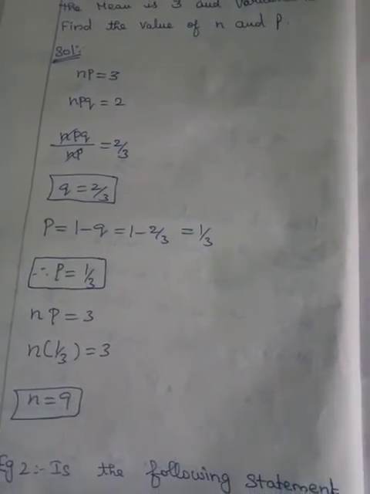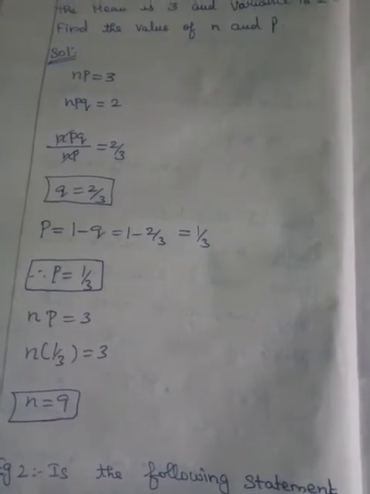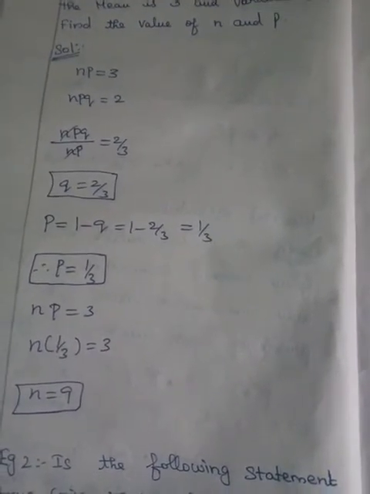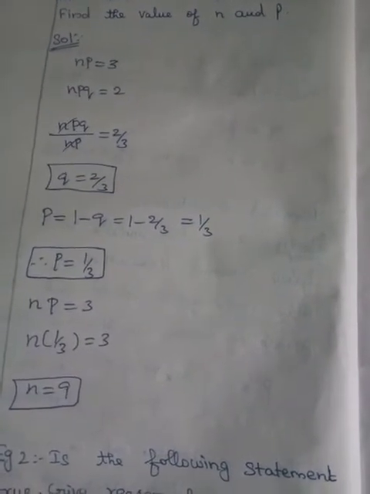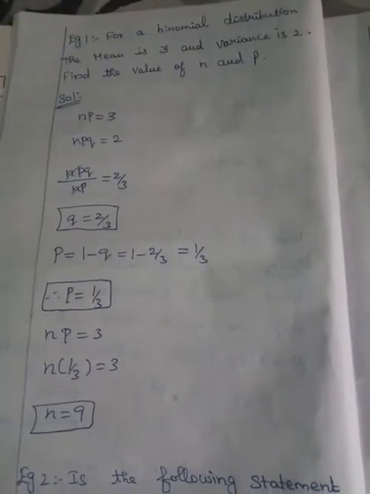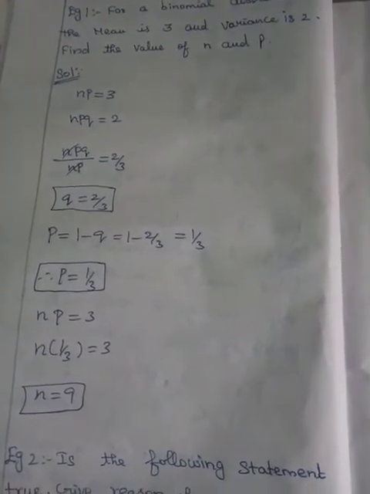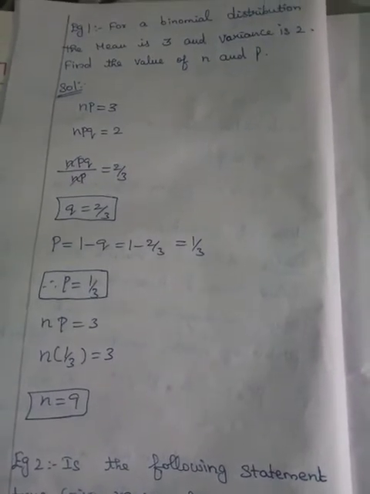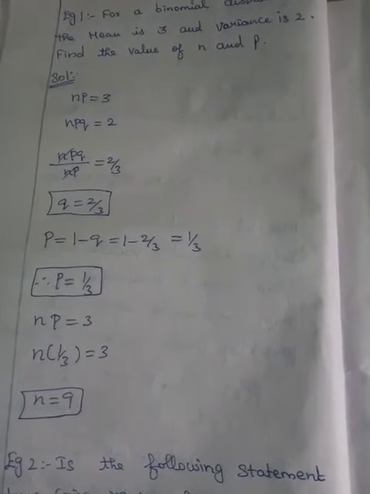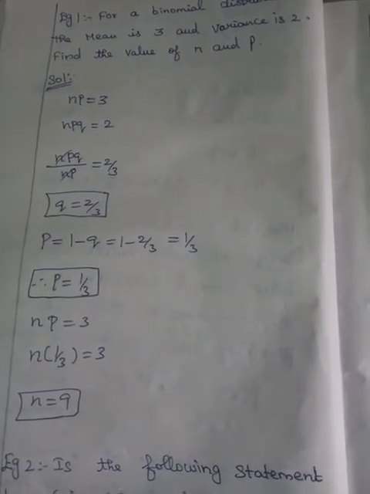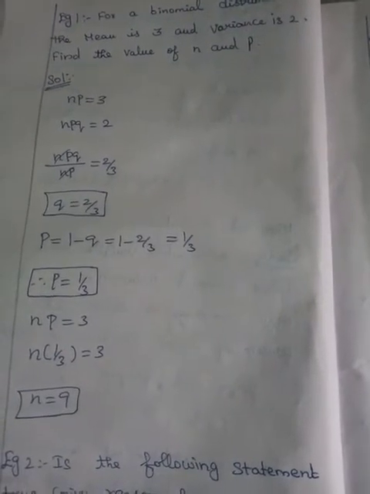So npq divided by np equal to 2 by 3. np cancel, so q equal to 2 by 3. P equal to, formula is 1 minus q is equal to 1 minus 2 by 3 is equal to, cross multiplying, 1 3s are 3, so 3 minus 2 is 1, so 1 by 3.